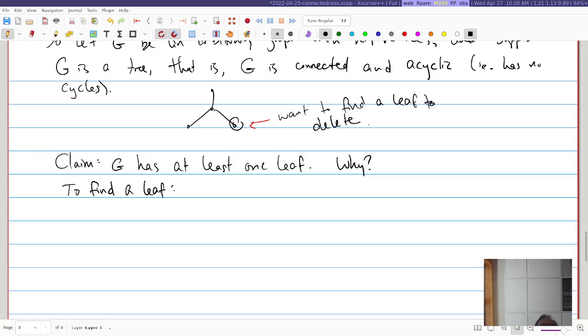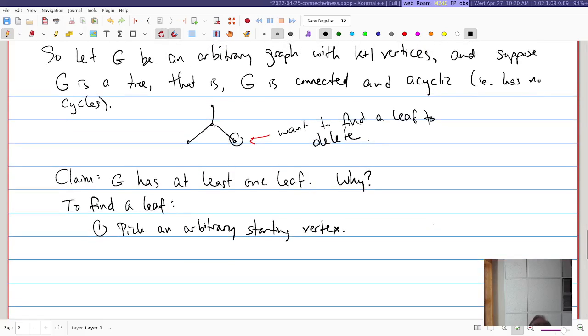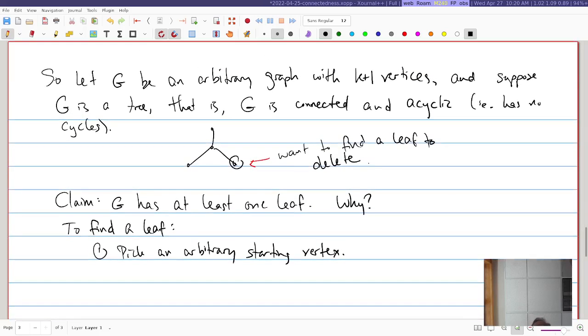So to find a leaf, 1, pick an arbitrary starting vertex. Right, and my graph can't be empty because it's got k plus 1 vertices, so it definitely has at least 1 or 2 vertices.